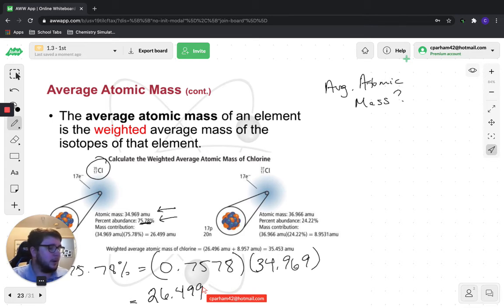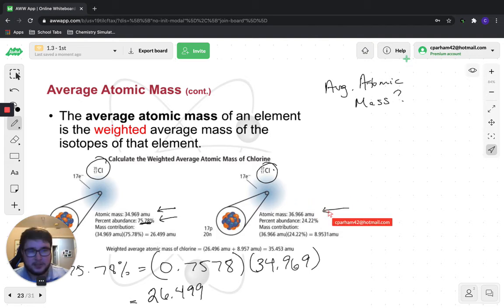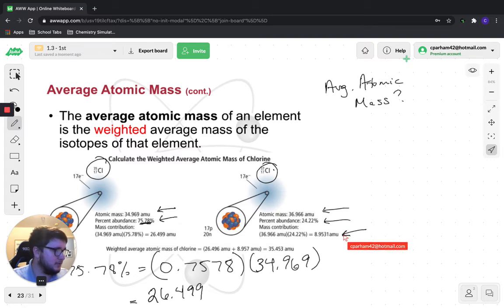Whenever I do the same for chlorine-37, and I want to know what that one's mass contribution is, I take the mass of that isotope, I take how abundant it is, how likely I am to find that isotope in nature, and I multiply the two numbers together, converting the percentage to a decimal, of course. Then I get that.